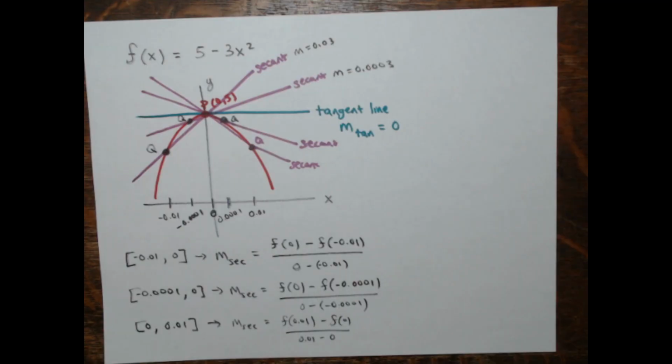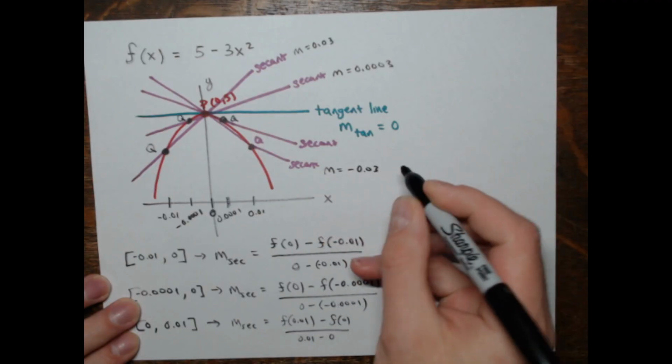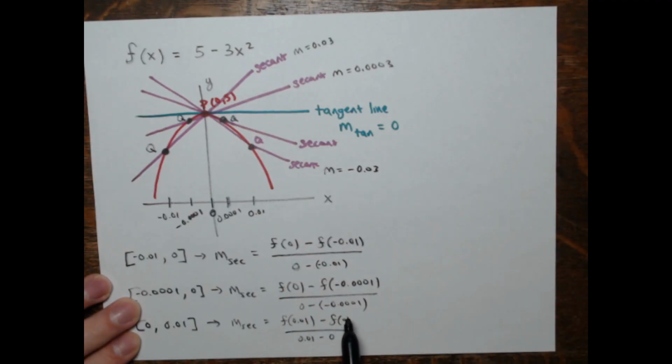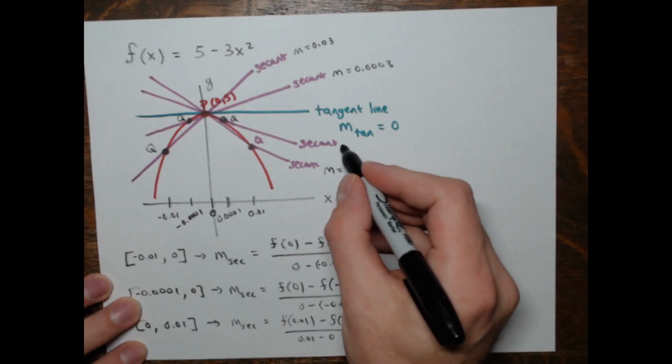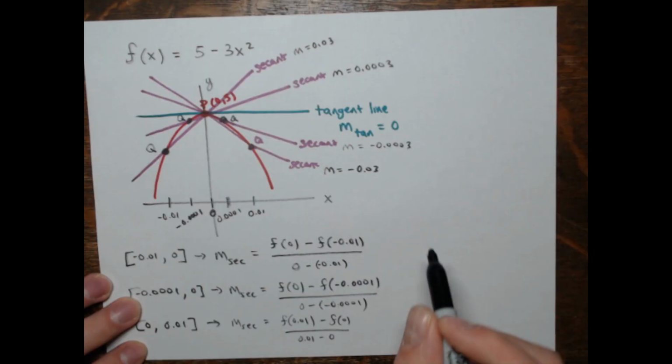And back on paper, right, that would be this line here, right? Slope is negative 0.03. And then, being symmetrical, I'm going to guess that this slope is negative 0.0003.